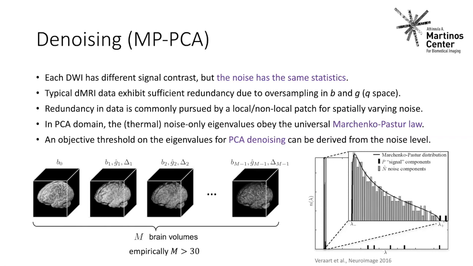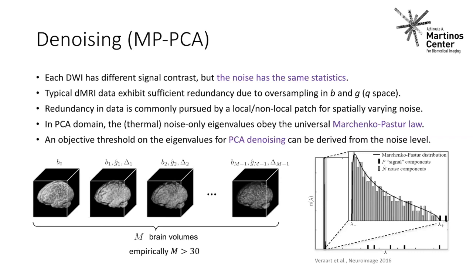And then in the PCA domain, the thermal noise-only eigenvalues obey the universal Marchenko-Pastur law. So when we apply SVD or PCA and plot the histogram of the eigenvalues, the noise components will show this beautiful Marchenko-Pastur distribution. It represents the Gaussian noise. Gaussian noise in image space has infinitely long tails, but in the PCA domain, it's a closed distribution.